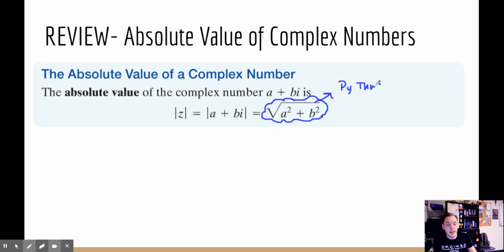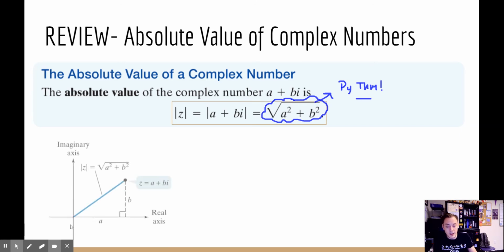Why is it your Pythagorean theorem? Because if I have a point, just a plus bi, and I want to know this distance from the origin, what is that distance? That's just r. That's just your Pythagorean theorem.